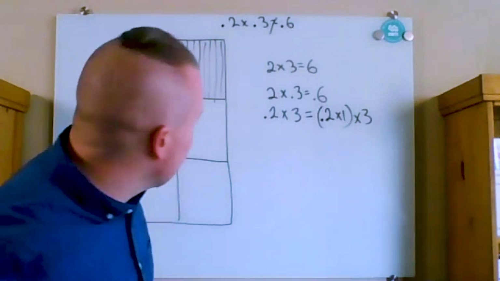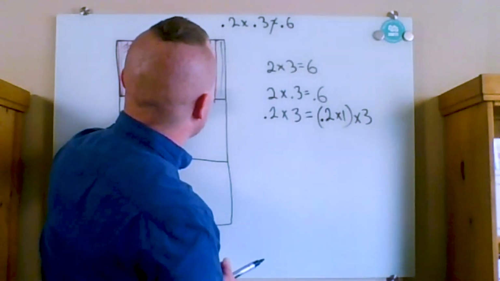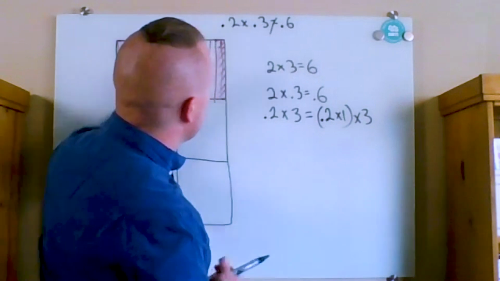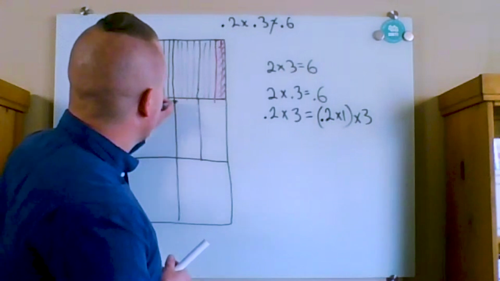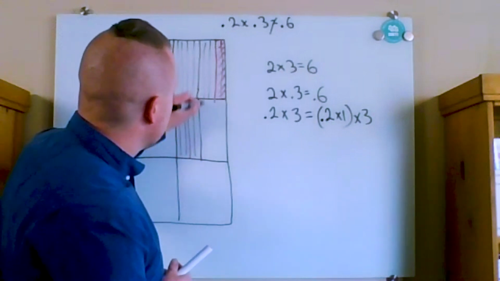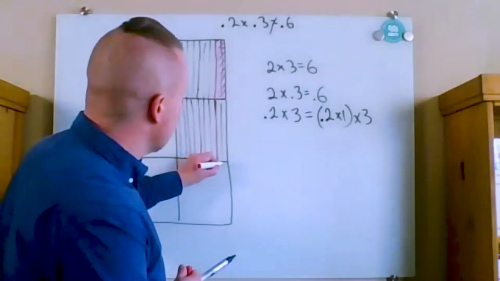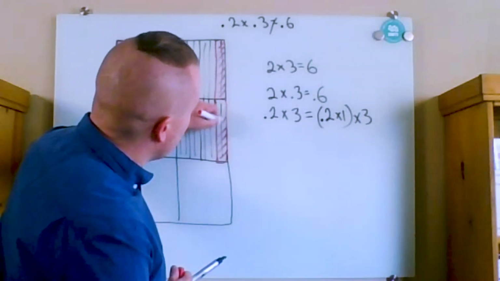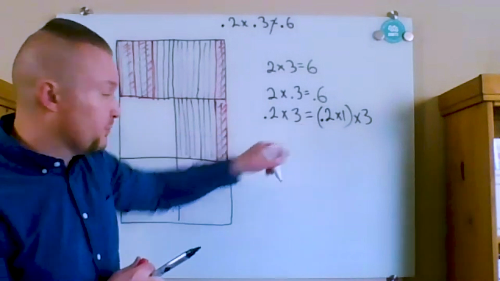So I'm going to start here, and I'm going to find 2/10 of 1. And then if I just repeat that process, I've got now 2/10 of 2. But my goal was to find the product of 2/10 of 3.